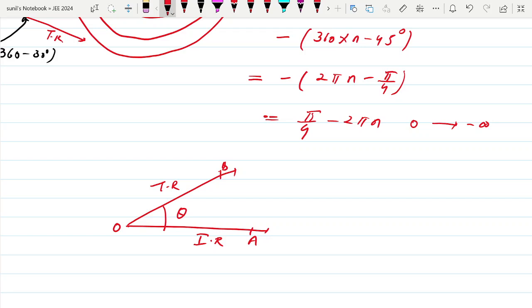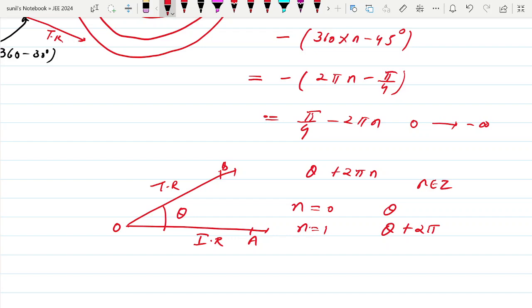So how will we represent these infinite angles? We can write this as theta plus 2 pi n, and here n is any integer. So n is any integer means suppose we take n equal to 0, so we obtain theta. If we take n equal to 1, n equal to 1 means we are taking one rotation. So this angle is theta plus 2 pi.